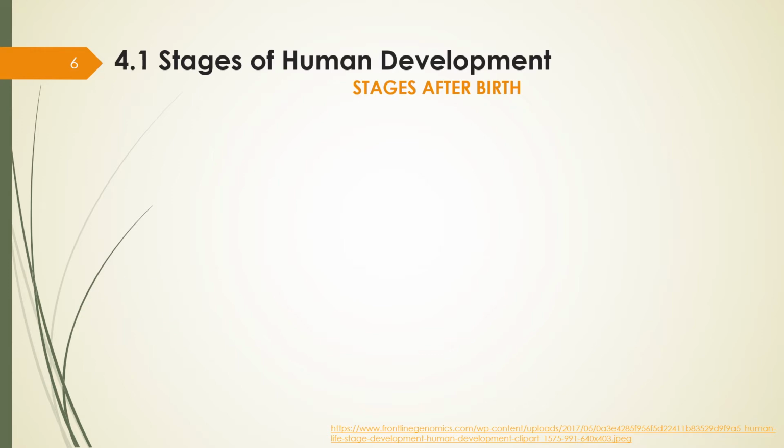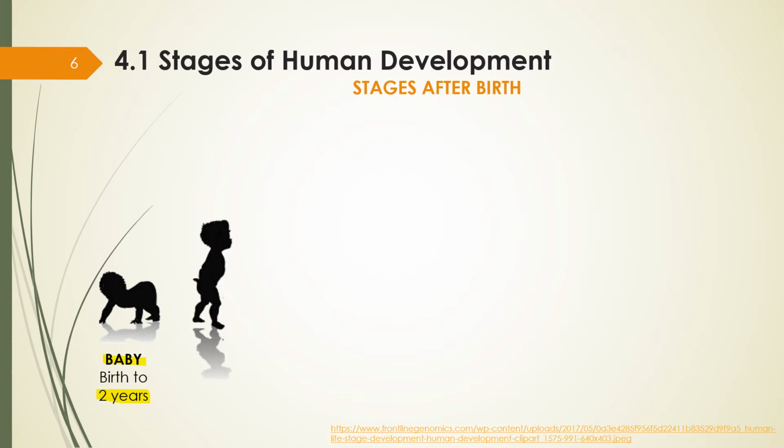So after birth, what's the first one? I just told you, baby, and baby is from birth until 2 years. Okay, so if you have a small brother or a small sister, until it is 2 years old, we call it baby. Then I have the child, but I have 2 stages in childhood.